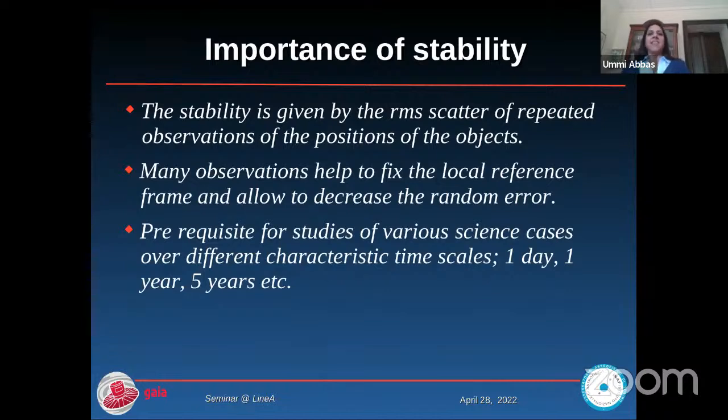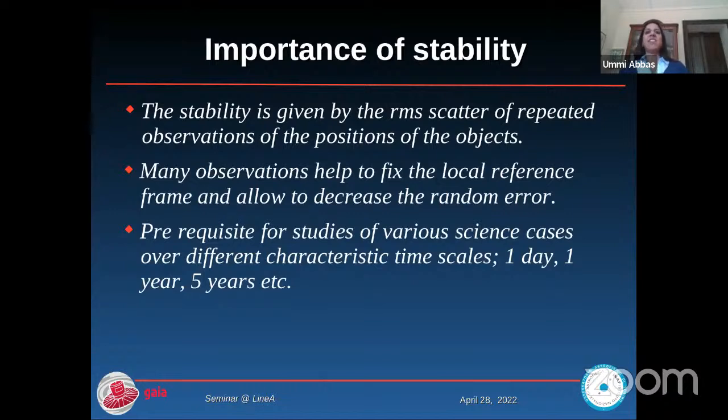And as I said, it's obviously ideal if you have many observations. If you just have 2 observations of each of these reference stars, it doesn't give you a very stable reference frame. Or it could be very stable if you have a lot of reference stars. But if you have an average number, the more times it is seen on many transits, the better it is for the stability of the reference frame.